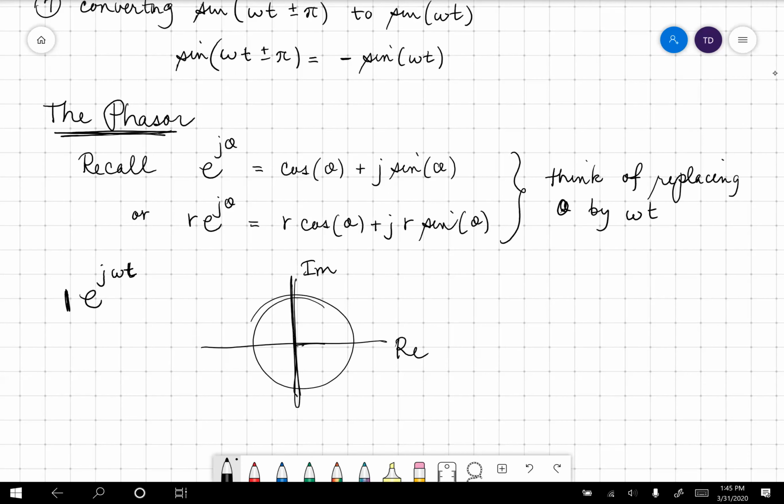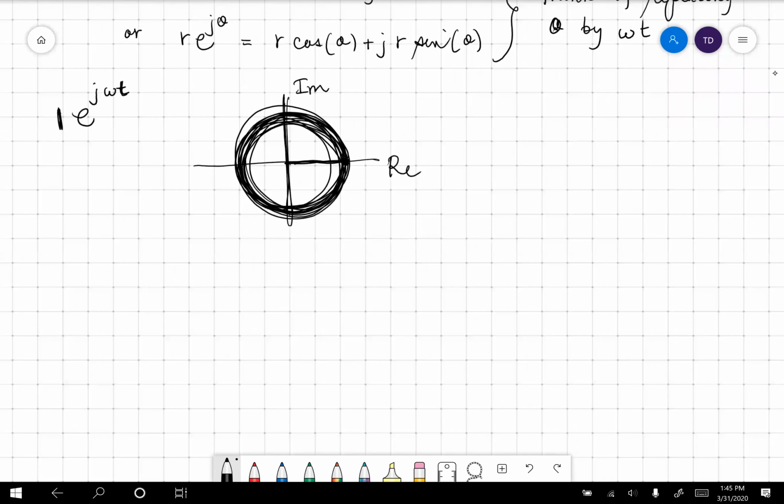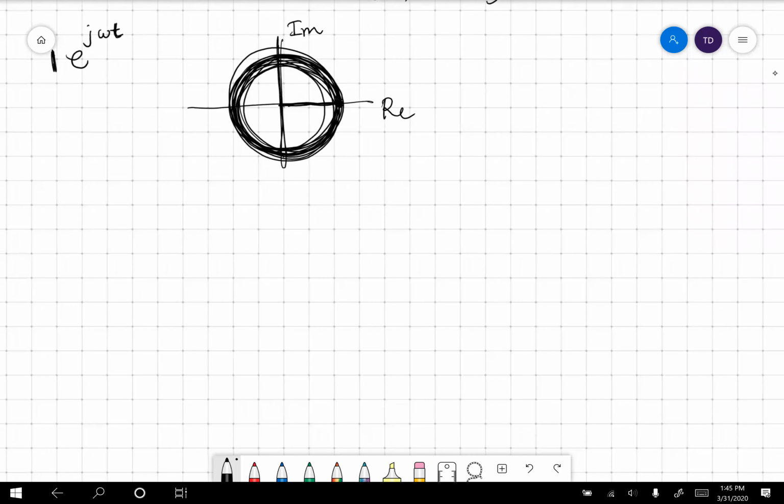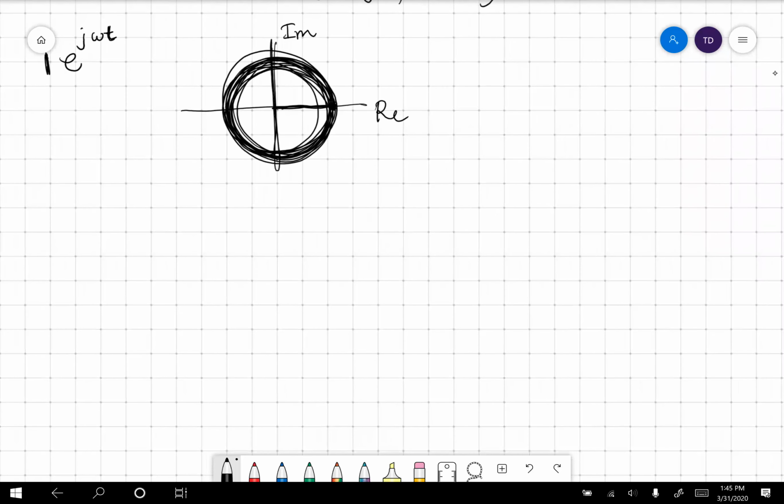What this is doing is pointing to a particular location like here when t is 0, and then going around in a circle like this as t increases. It keeps going over the same circle over and over again. That is e to the j omega t. It's not fixed in time, it is moving in time. That's the way I want you to think of this.